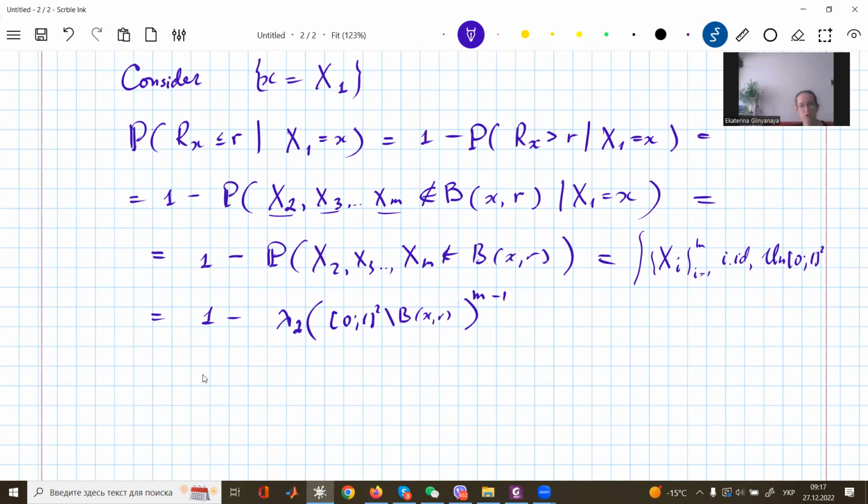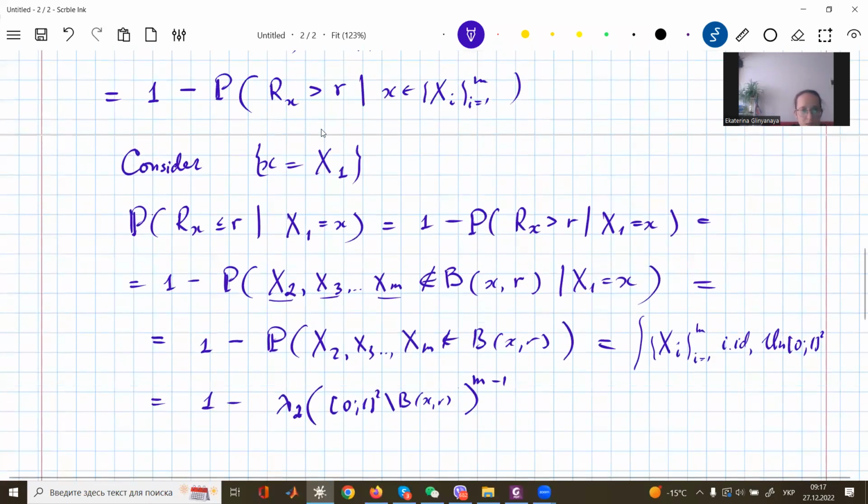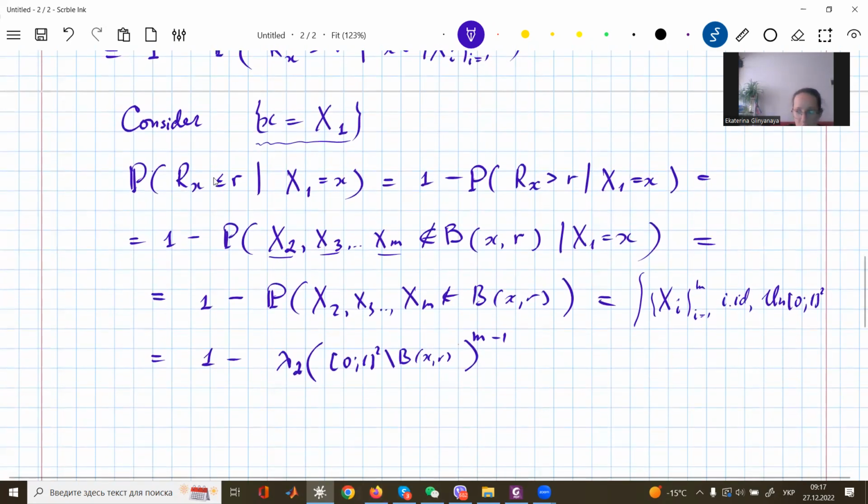So in such form, we understand that we can find such a probability as a function of x small. And since this event does not depend on the index of x, we expect that this is the answer for the conditional probability.